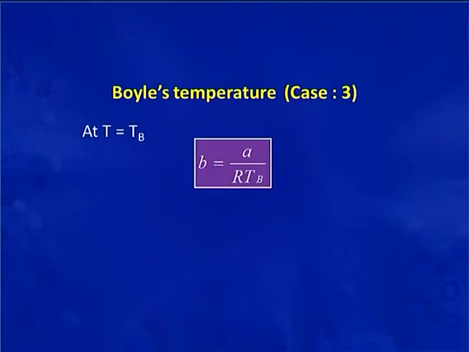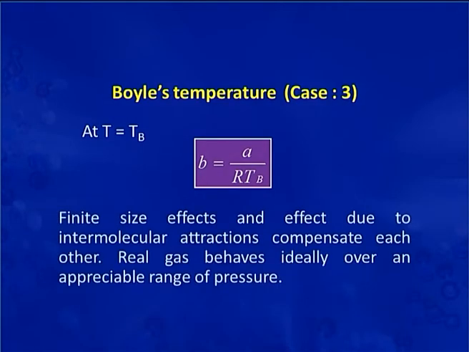And at Boyle's temperature, when T is equal to TB, in this case b is equal to a by R TB. It means one effect, that is finite size effect, and the effect due to intermolecular force of attraction, that is due to a, compensate each other. So, real gases behave ideally over an appreciable range of pressure at Boyle's temperature.